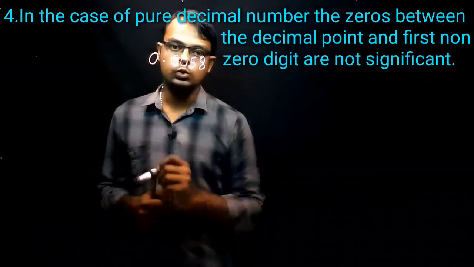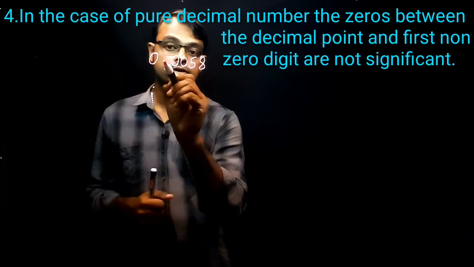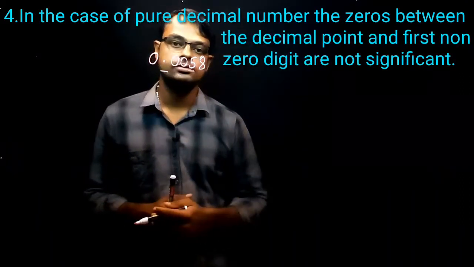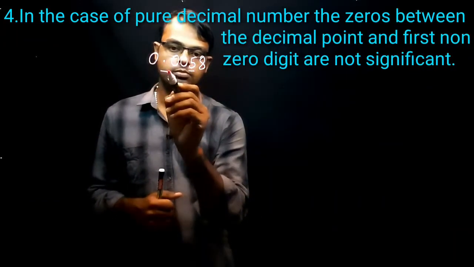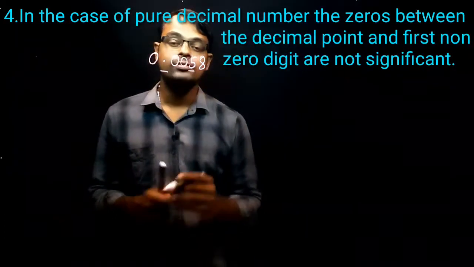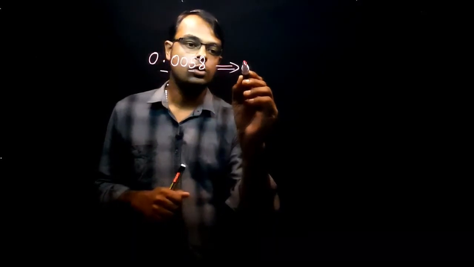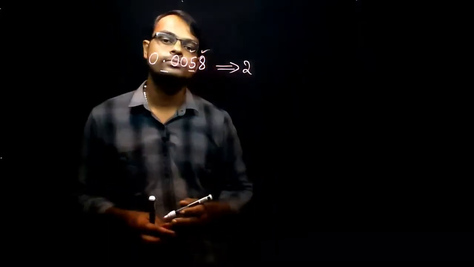According to this rule, the zeros in between the decimal point and the first non-zero digit are not significant. What is the first non-zero digit? 5. Where is the decimal point? Here. In between these, two zeros are coming. They are not significant. So only 2 significant figures are here, that is 5 and 8.